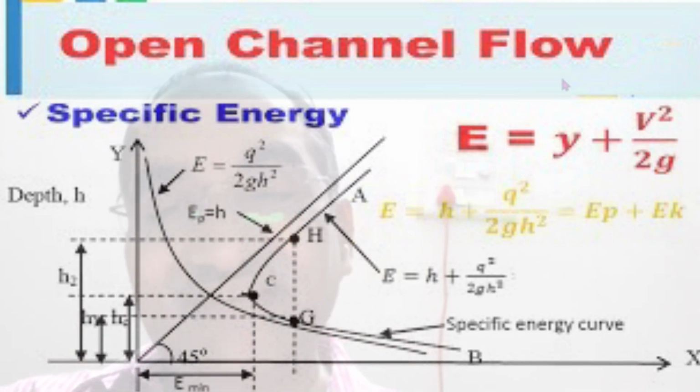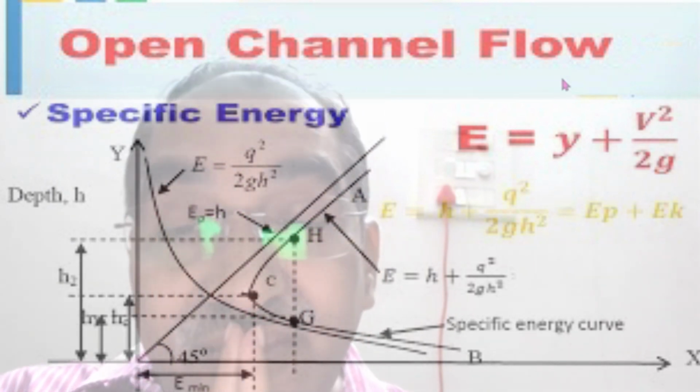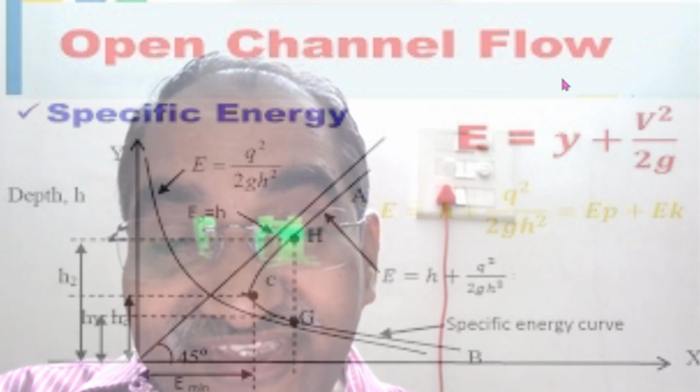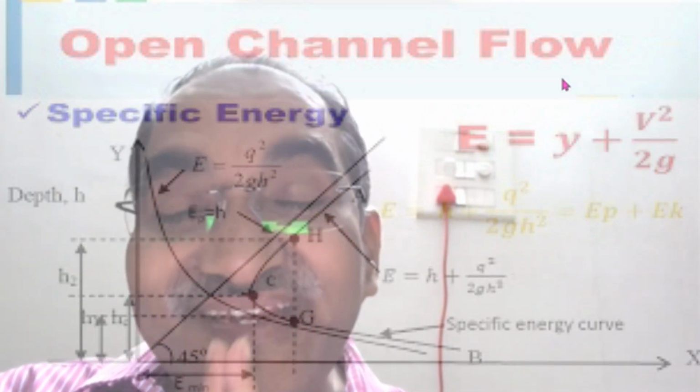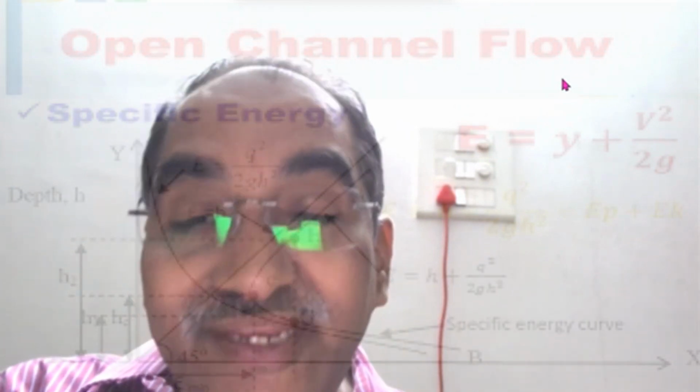There is one point where the specific energy is minimum, and the depth of flow corresponding to that minimum specific energy is called critical depth. So at critical depth, the specific energy is minimum.